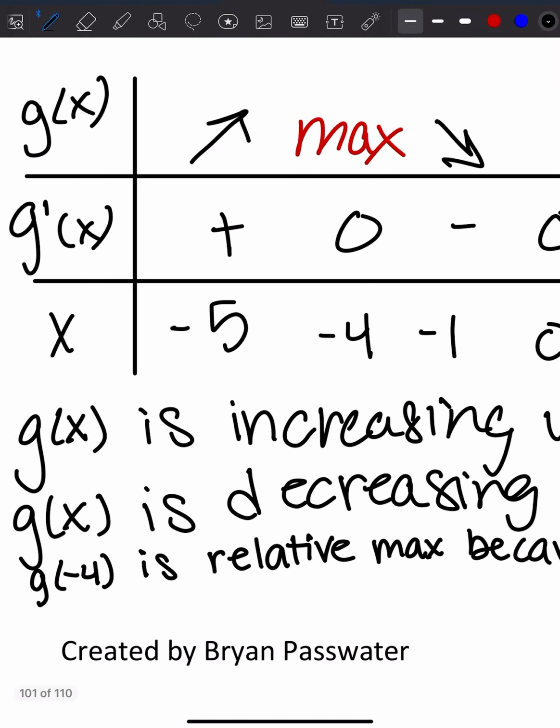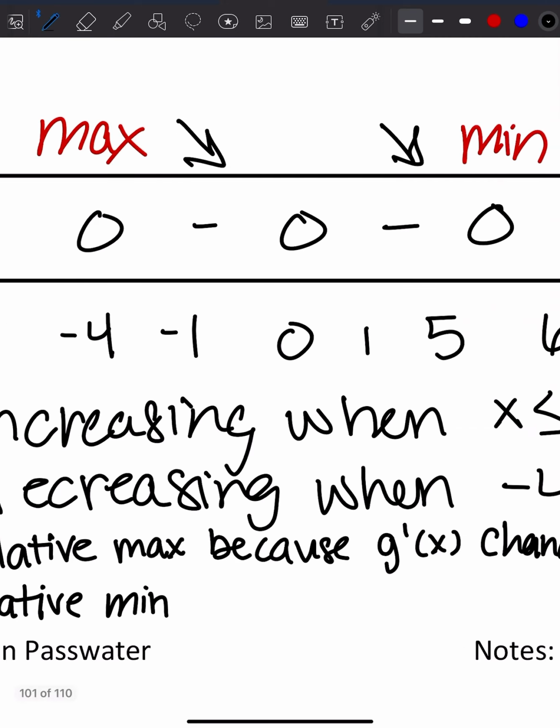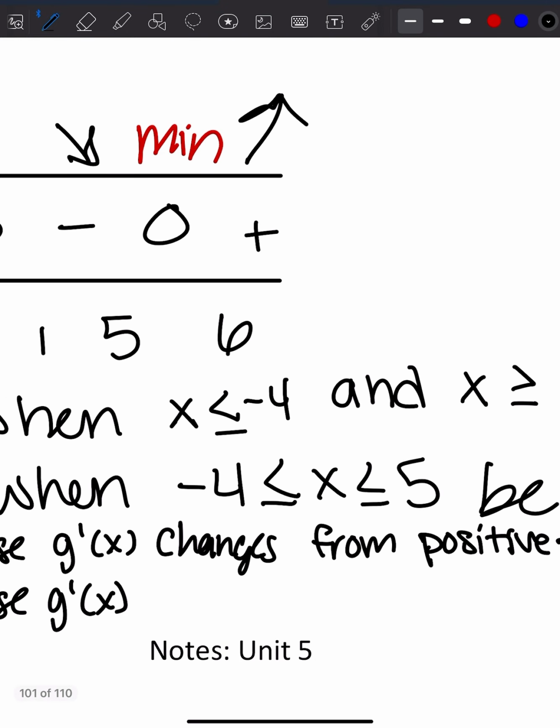Similarly, g of 5 is our relative minimum because g prime of x changes from negative to positive.